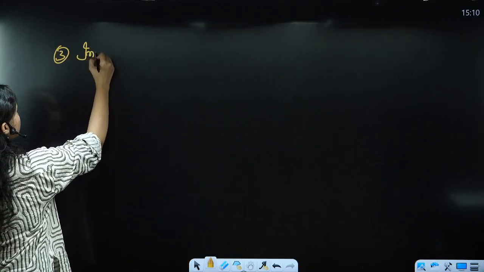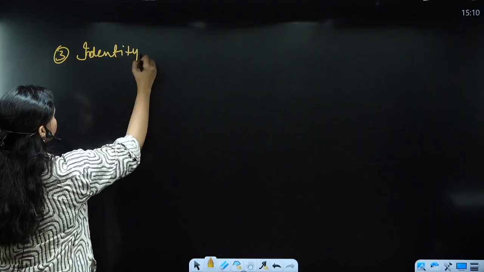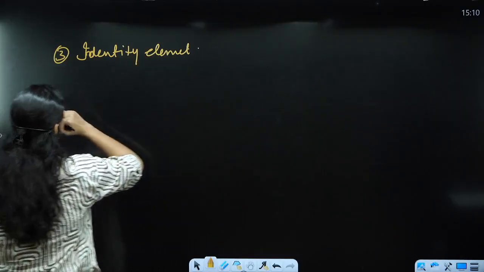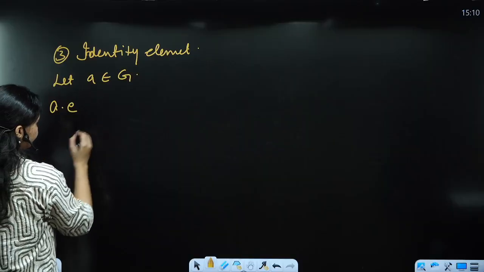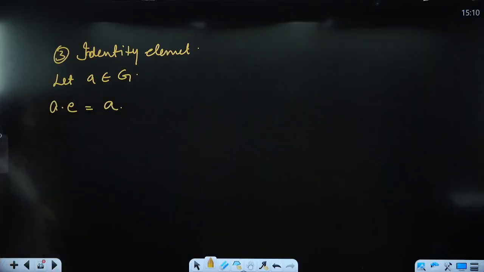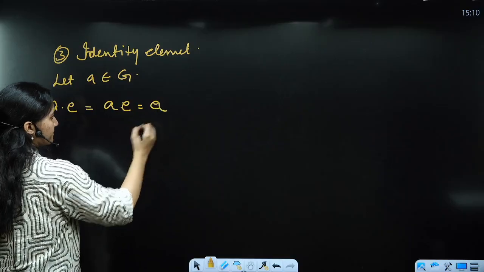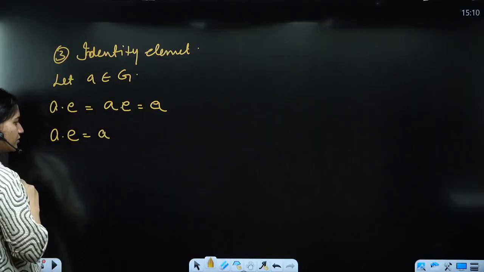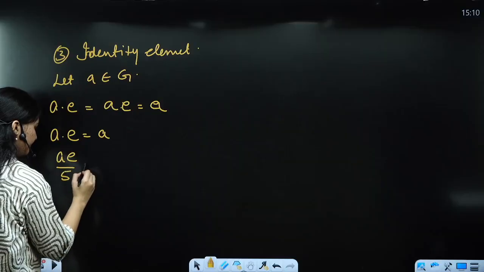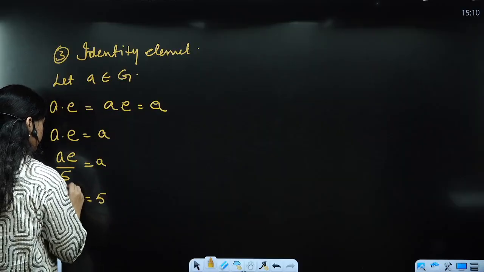Moving on, we need to figure out the value of the identity element. Now let a belong to G. Now a ∘ e equals a. So this is the condition for the identity element. So now a ∘ e has to be equal to a. a ∘ e is going to be ae upon 5, right? So this implies that e is going to be equal to 5.